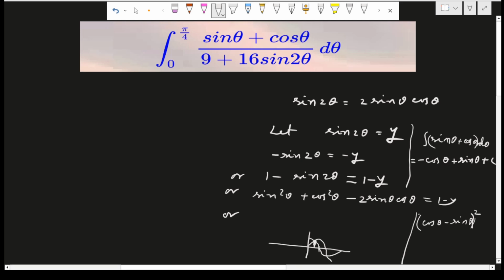So within the range 0 to pi by 4, the graph of cos is the upper curve. So cos theta minus sin theta whole square is correct, because in the range 0 to pi by 4, cos theta is greater than sin theta, that is equal to root over 1 minus y.